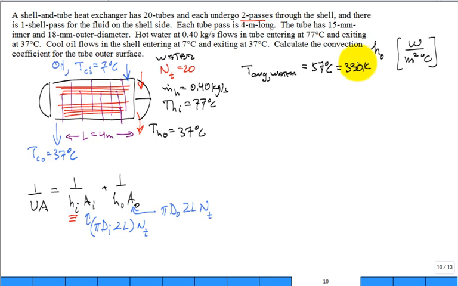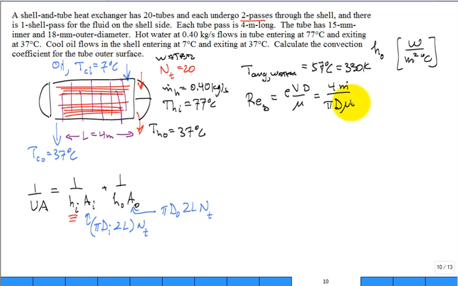What properties are going to be needed to calculate that Reynolds number for flow inside of one tube? You can give me two favorite equations to calculate Reynolds number for flow inside a tube. Rho V D over mu, or the other one.